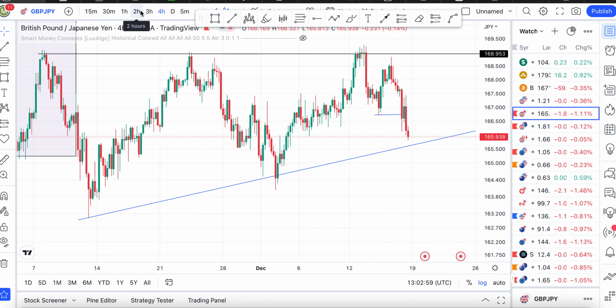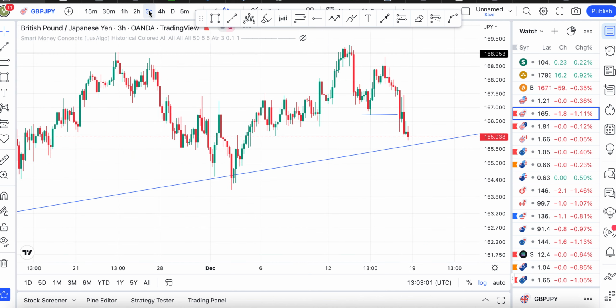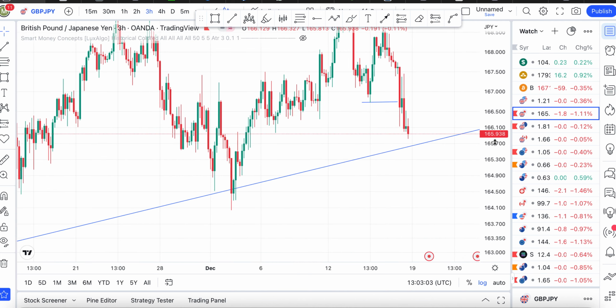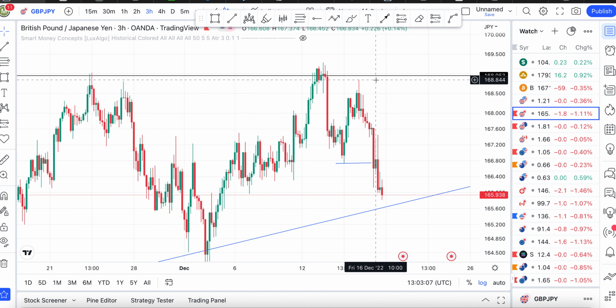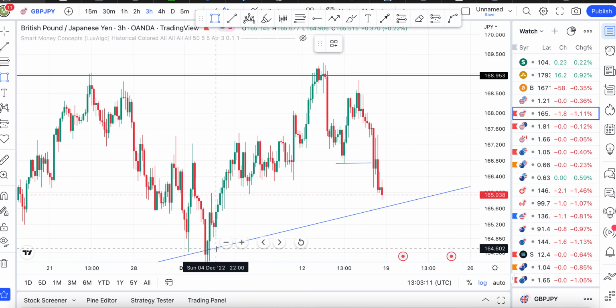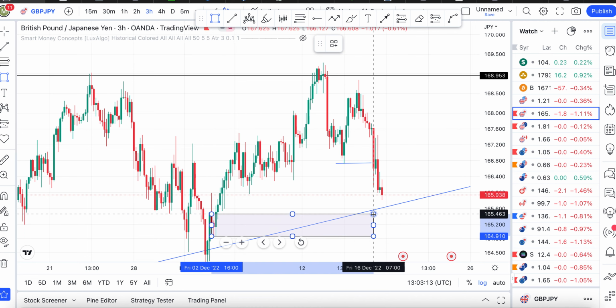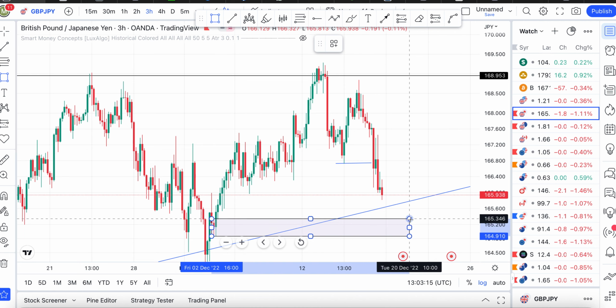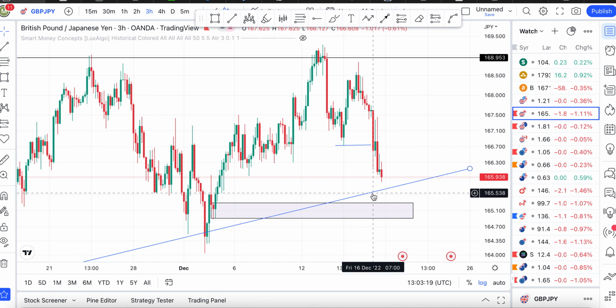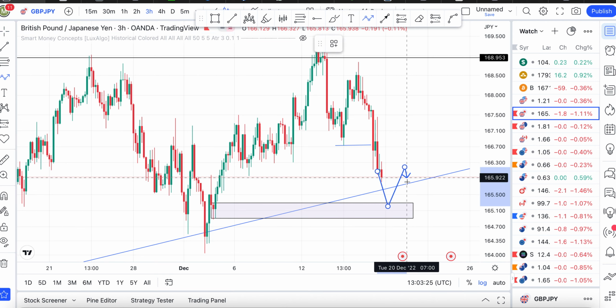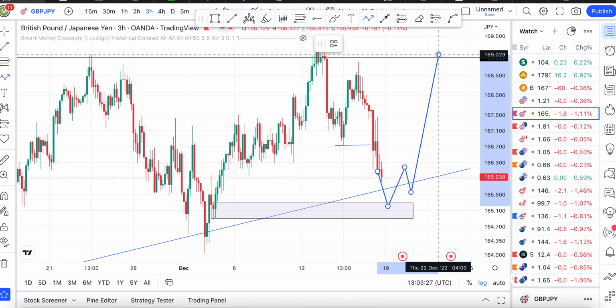Let's go to 3 hours, top down analysis. 3 hours structure, and it looks like since it's in the trend, there's some sort of demand sitting here, of which price could come and take retail traders out, those who like to trade the trend line, before shooting back to the upside.